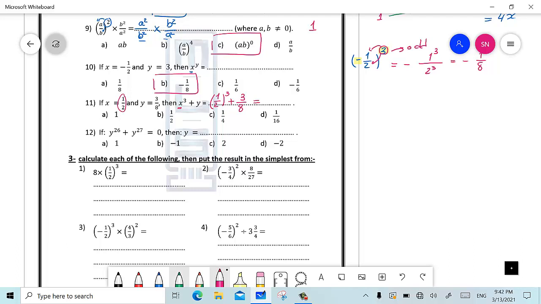I'm going to distribute the 3 one time on the 1 and another time on the 2. So 1 to the power of 3 is equal to 1, and 2 to the power of 3 is equal to 8, plus 3 over 8, and this is equal to 4 over 8, and in the simplest form it's equal to half. So the final answer here is half.